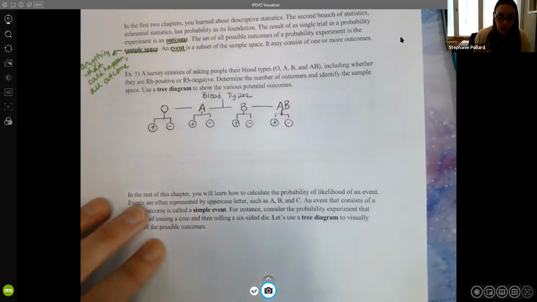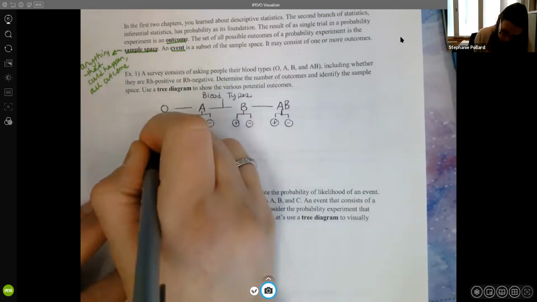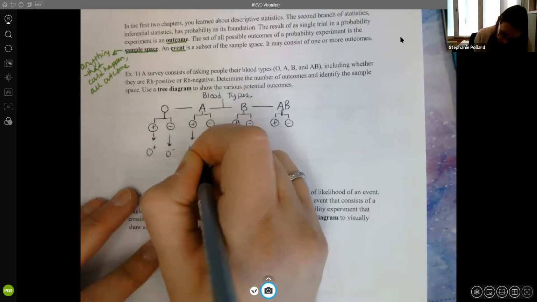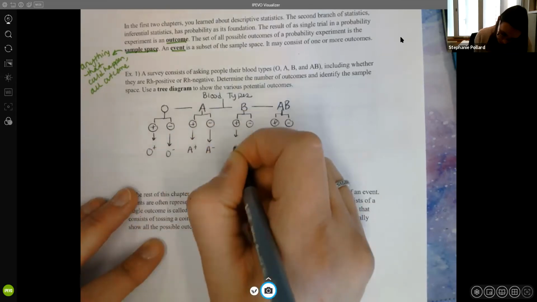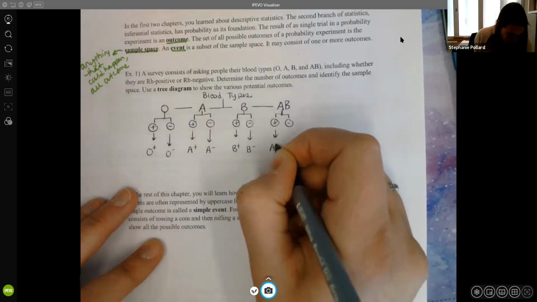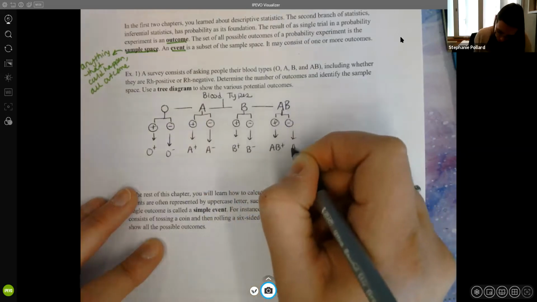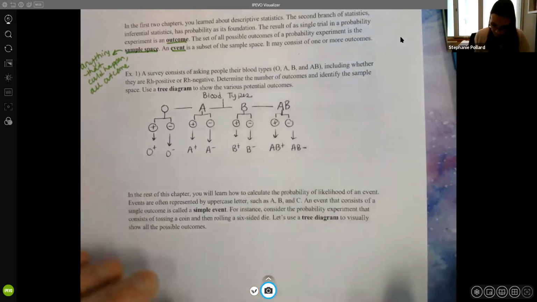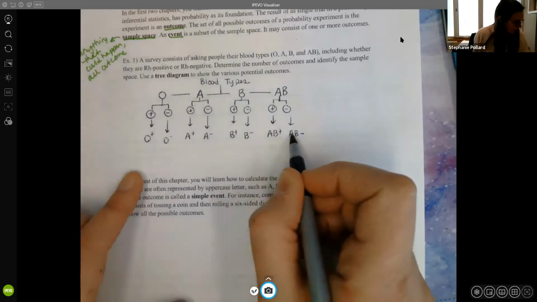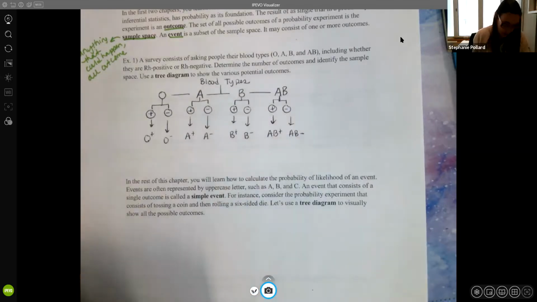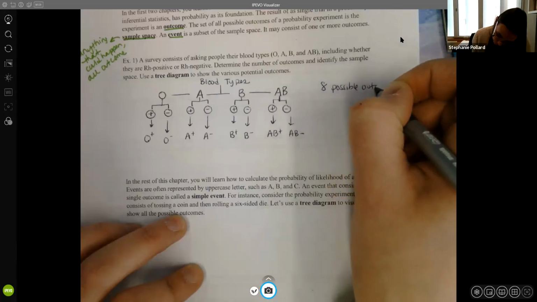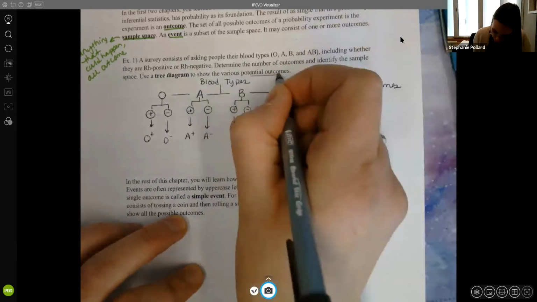So what are your possible outcomes here? Well, you could either be O positive or O negative, A positive or A negative, B positive or B negative, or AB positive or AB negative. Okay, so we have 1, 2, 3, 4, 5, 6, 7, 8 possible options here. So there are 8 possible outcomes.